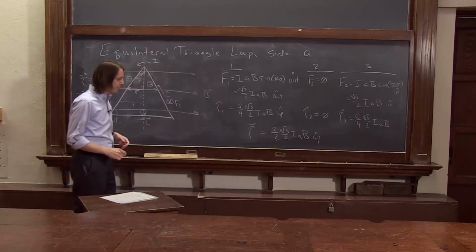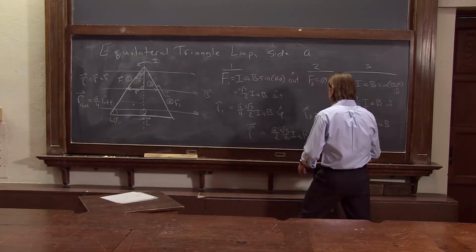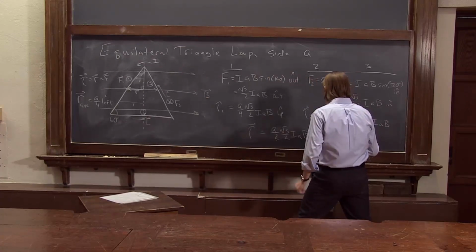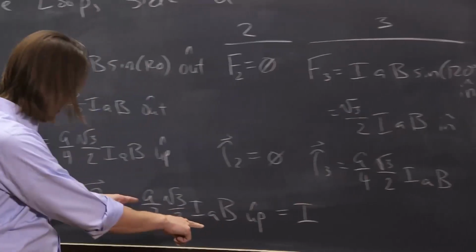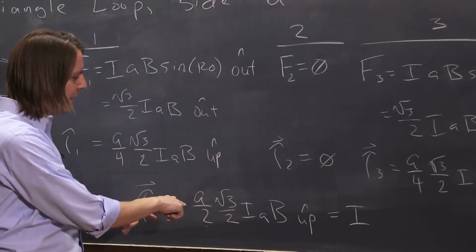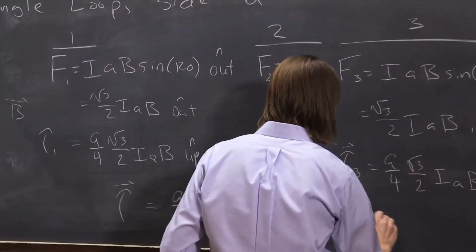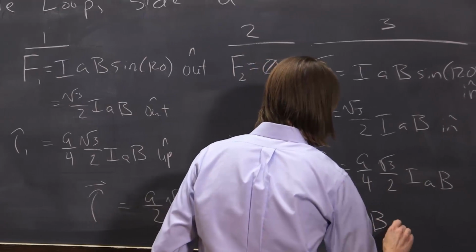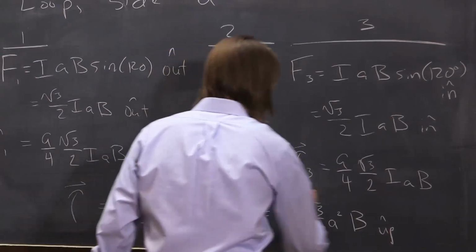We just added them. And now let's simplify it a little bit. And it becomes I first, and then it's a square root of 3 over 4a squared, B up. So there is your torque.